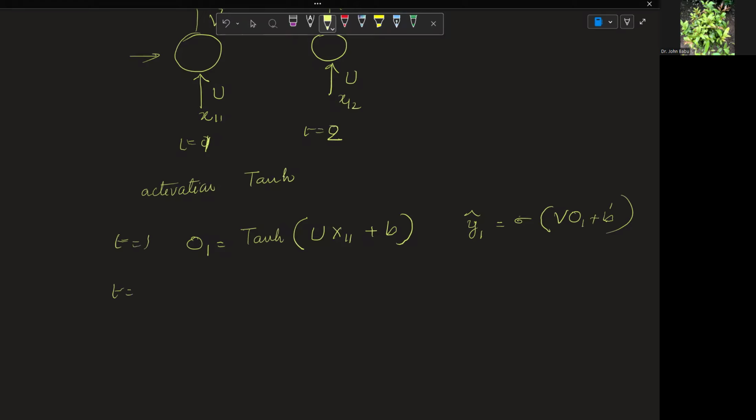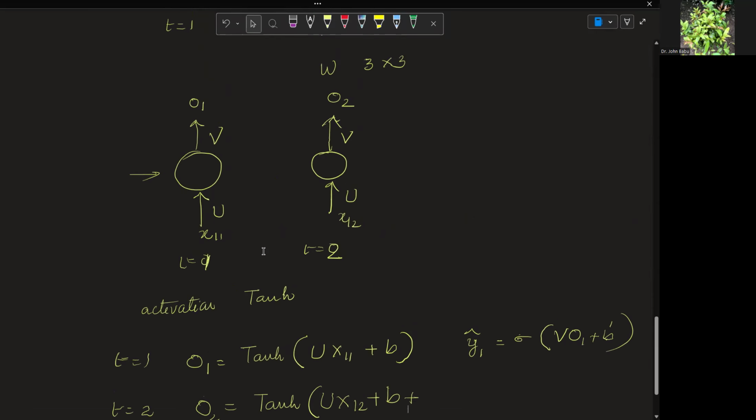At t is equal to 2, O2 is equal to tan h of u, the weight vector, into x12 plus a particular bias. But what is happening there?